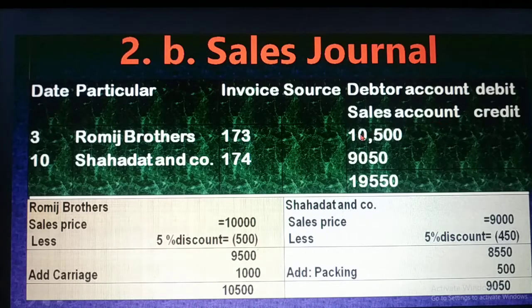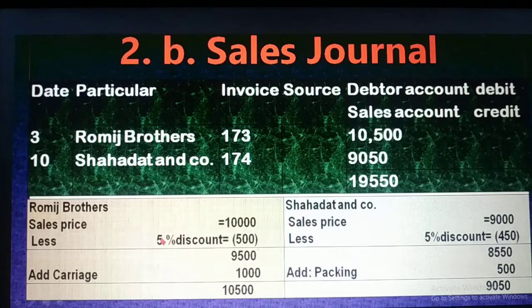In requirement A we sold goods to Romis Brothers and Shahadat and Kong. The amount of Romis Brothers sales is 10,500. The amount of Shahadat and Kong is 9,050.